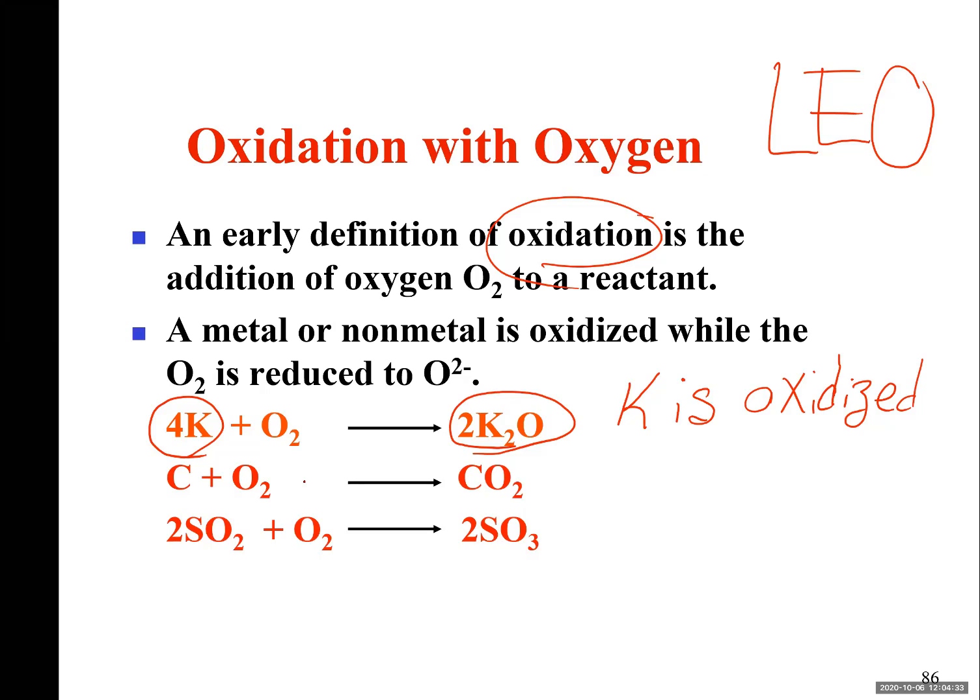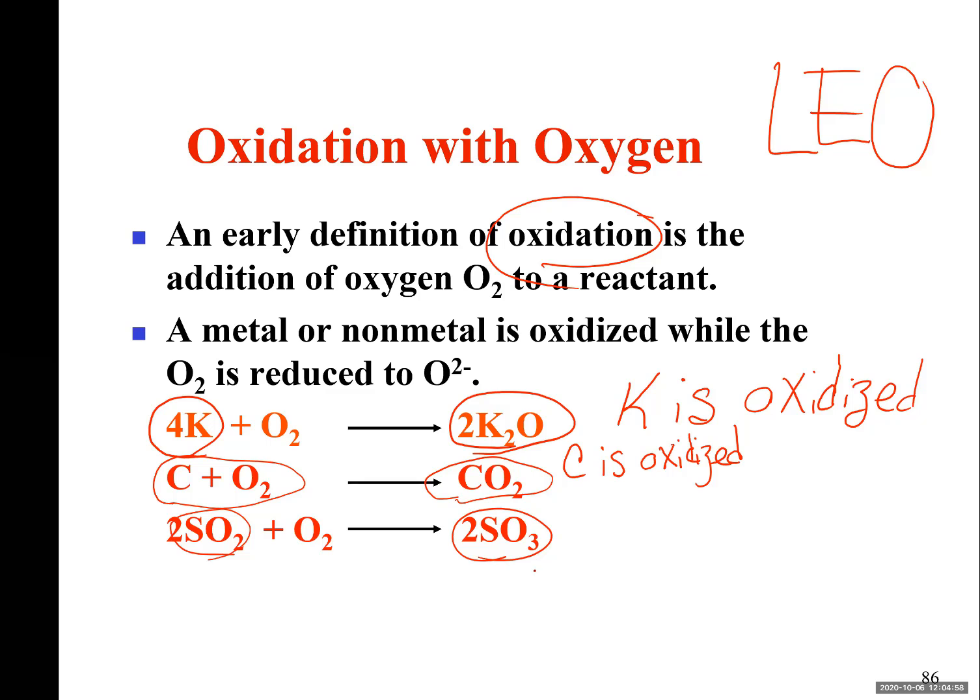In this reaction, do you see carbon doesn't have oxygen? When it is converted to CO2, we say carbon is oxidized. So addition of oxygen to anything is defined as oxidation. Look, SO2 is becoming SO3, it added oxygen, so SO2 is oxidized.